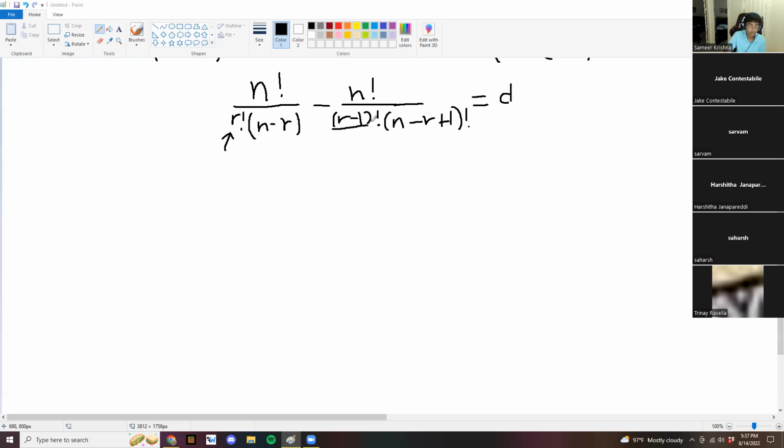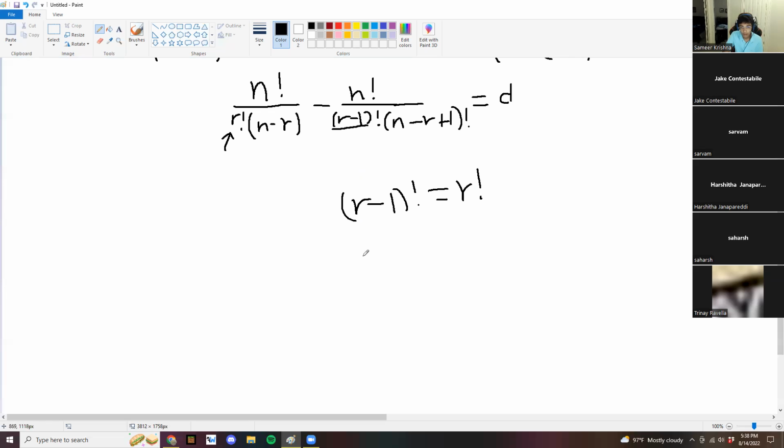Right. So what do we have to do to get r minus 1 factorial to equal r factorial? Add 1. No, you wouldn't add 1. Does nobody know? No, that's why we're here.